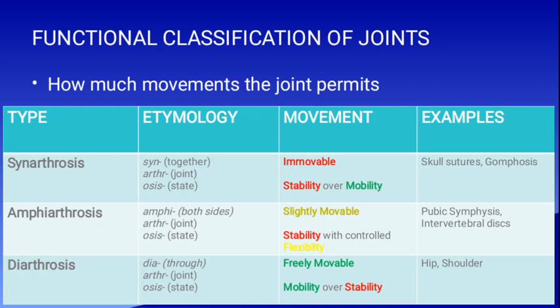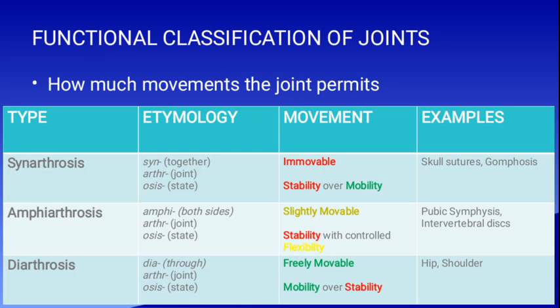So starting with the functional classification, remember we said there's functional, structural, and anatomical classification. The functional classification of joints is based on how much movement they permit. So we have three types of joints based on functional classification: synarthrosis, amphiarthrosis, and diarthrosis. Synarthrosis is immovable.